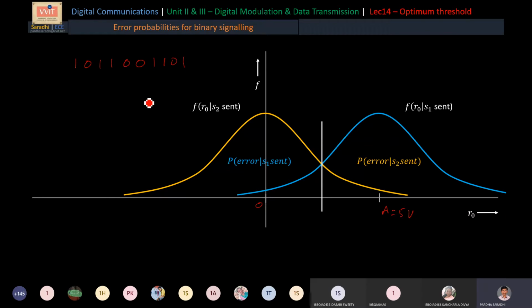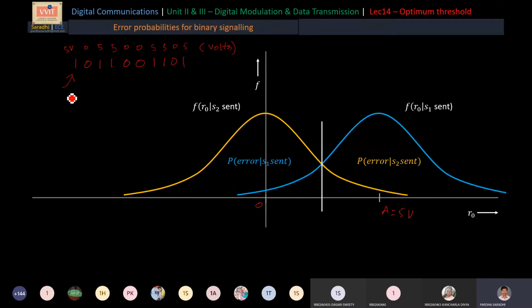While transmitting, this will be transmitted as 5 volts, this as 0 volts, this as 5 volts, 5 volts. So this is 5 volts, this is 0 volts, this is again 5 volts. All are in volts.